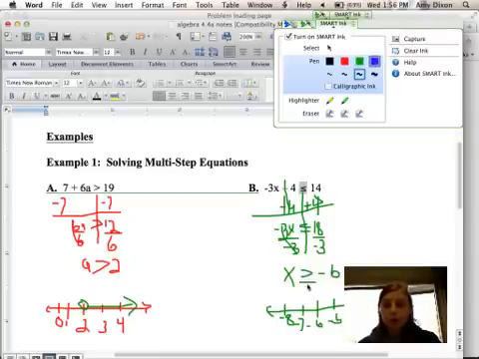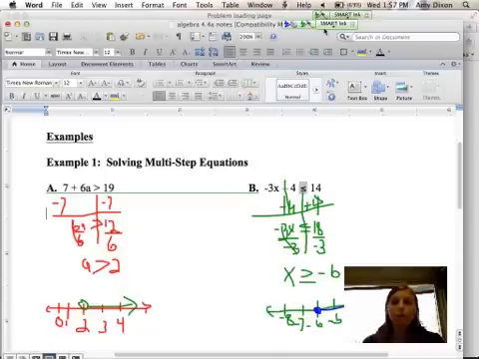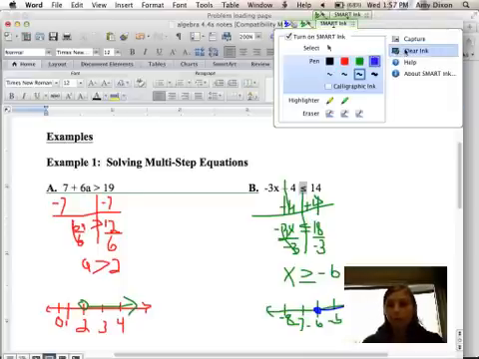We have a closed circle because it's or equal to. So we put a closed circle, and we want all values of x that are greater than or equal to negative 6, so we want to go to the right. And that is how we graph those solutions. So you just have to remember the difference: when you divide or multiply by a negative number on both sides of the inequality, you have to flip that inequality symbol.